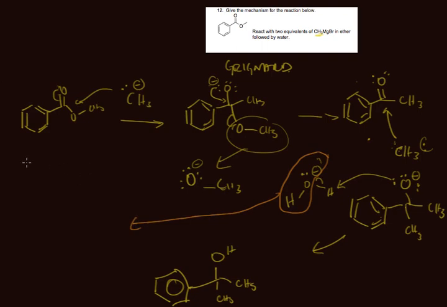links up with the original positively charged aspect of that Grignard reagent. Again, that mechanism is in the notes. I went over it in the last video. Like in a Grignard reagent, the MgBr is the positive part, the CH3 is the negative part.